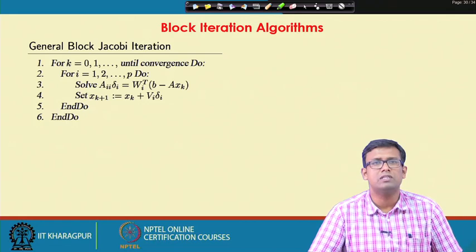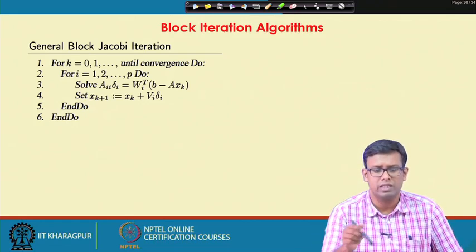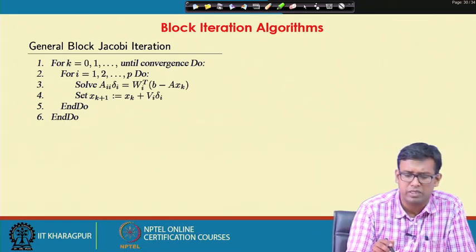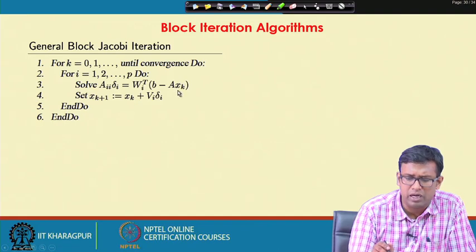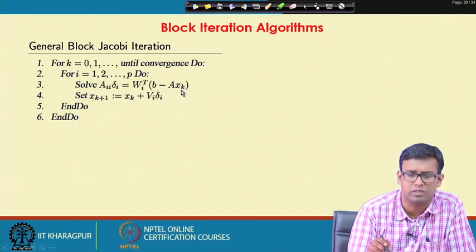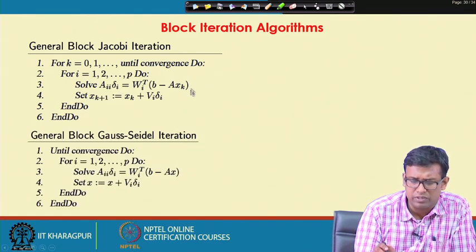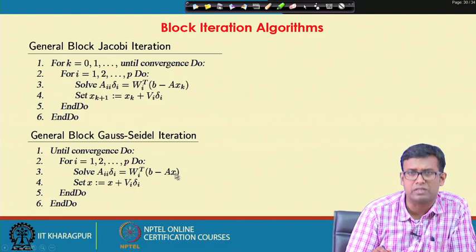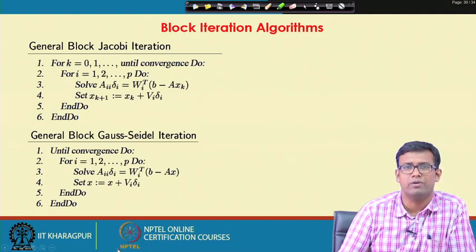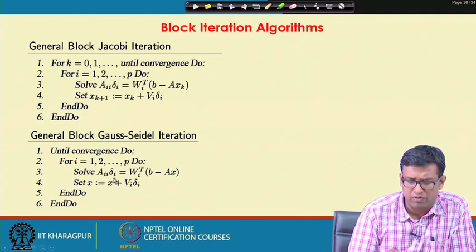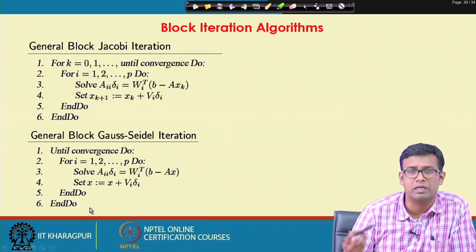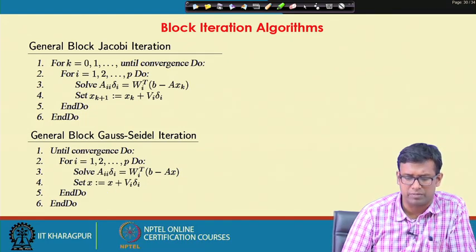For better convergence, instead of block Jacobi, we can think of block Gauss-Seidel, because block Jacobi uses the last iteration value of x. In Gauss-Seidel, instead of using x^k, it uses the last available value of x from the neighboring blocks, in fact from the entire domain, the last updated value.